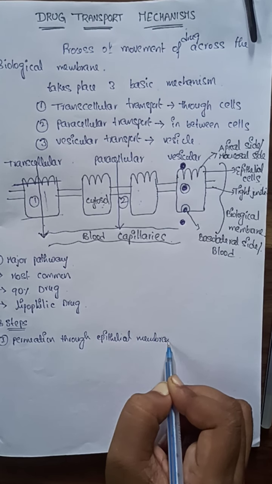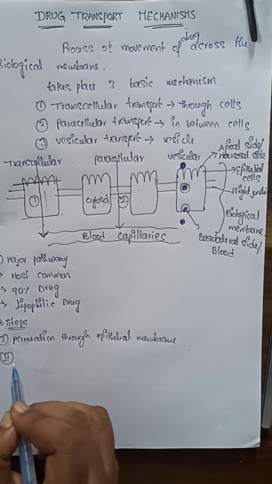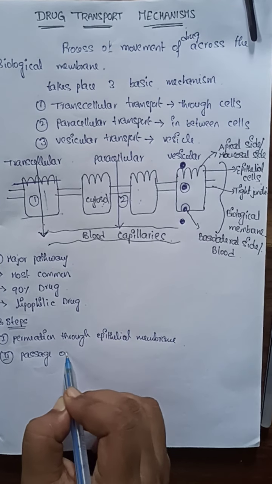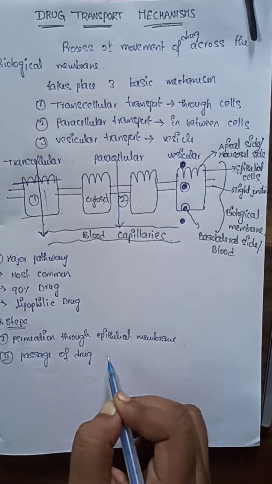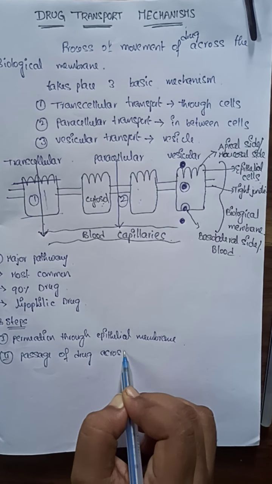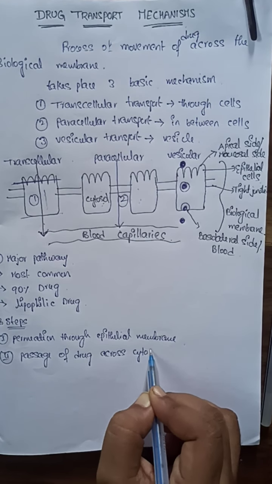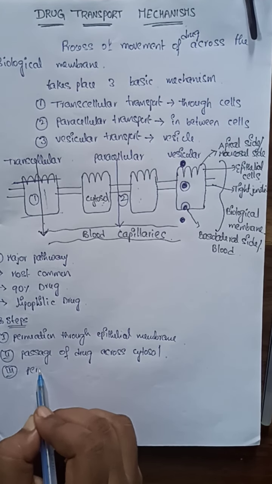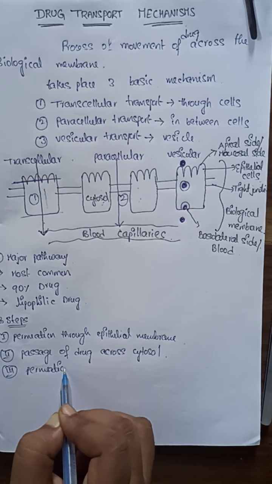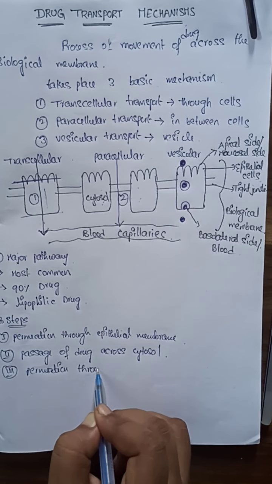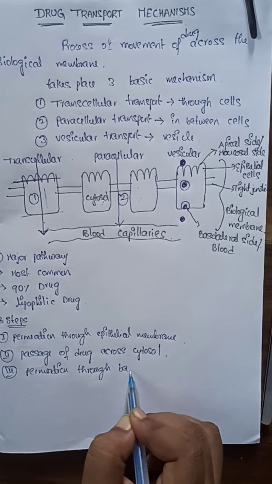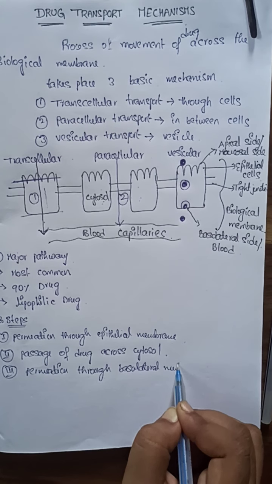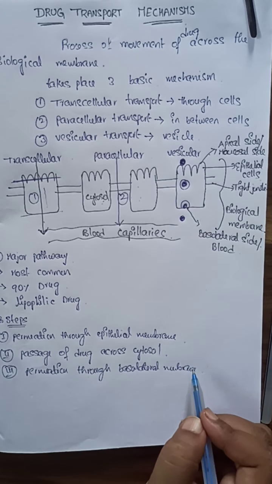The second step is passage of the drug across the cytosol, and the third step is permeation of the drug through the basolateral membrane and entry into blood circulation.